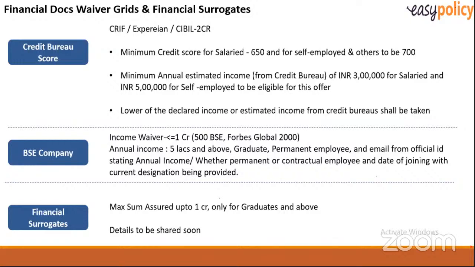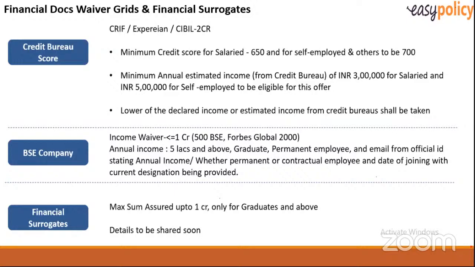And the best part for Max Life is that this is the only company, I repeat, the only company at the moment giving term plan based on the financial surrogates document only.